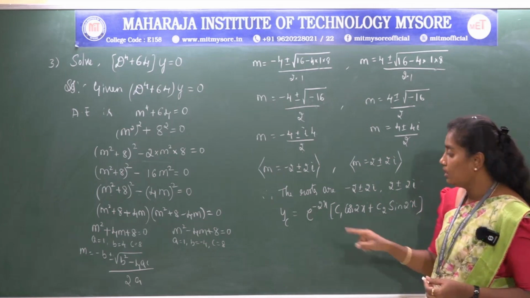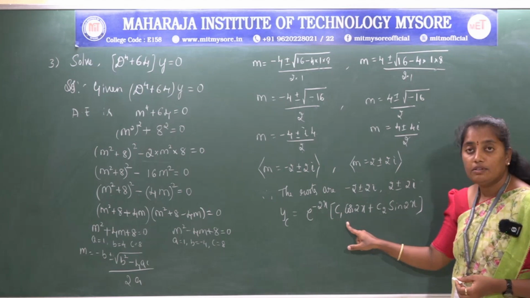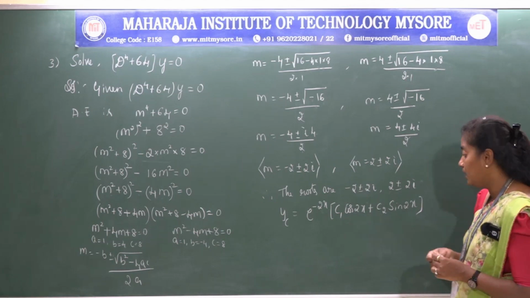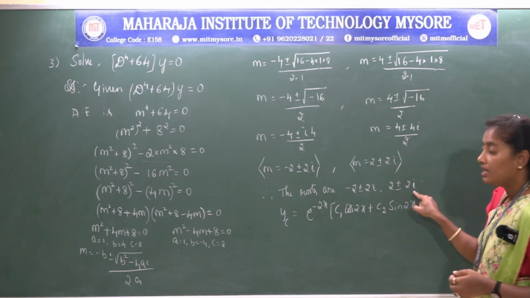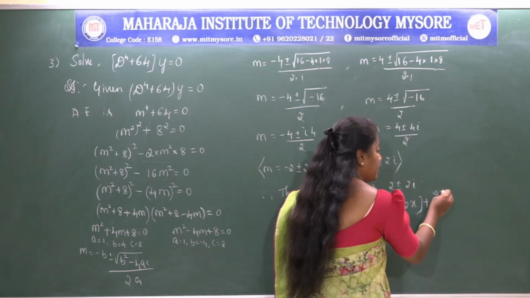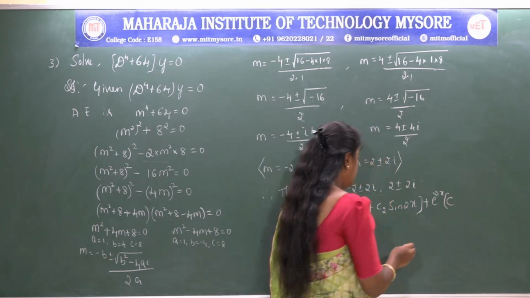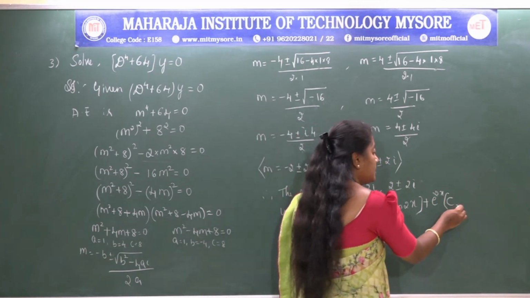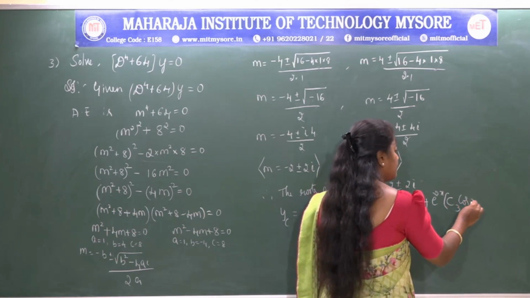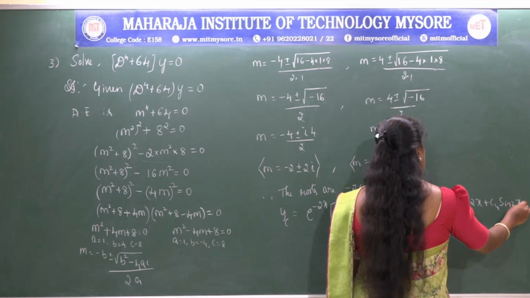For the first root, e power of the real term, e power of minus 2x into C1 cos 2x plus C2 sin 2x, plus for the next two roots, that is e to the power of 2x, e to the power of the real term, into C1 C2 completed here, hence C3 cos 2x plus C4 into sin 2x.